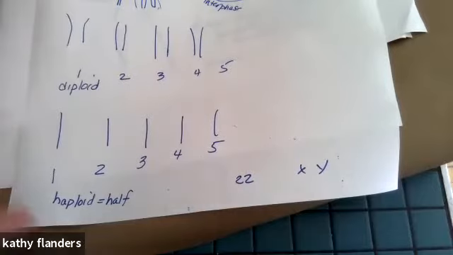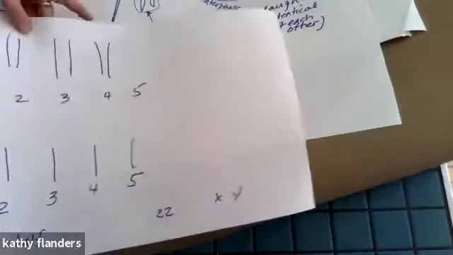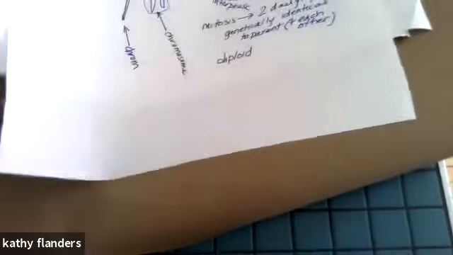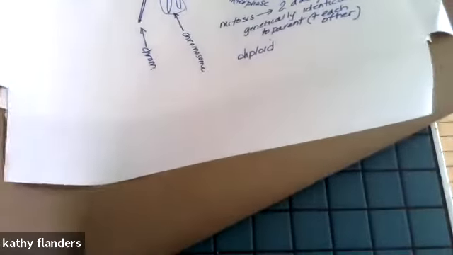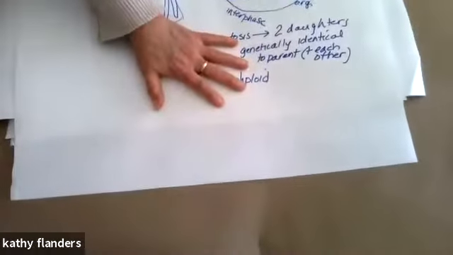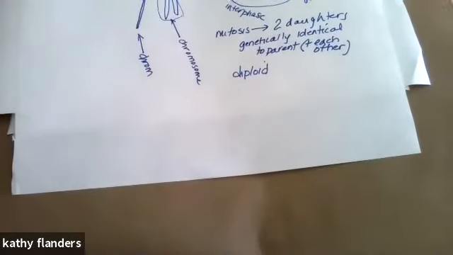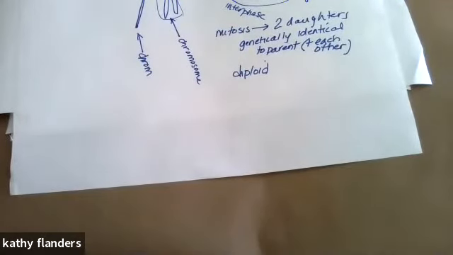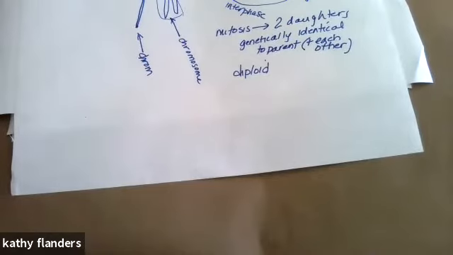Okay, so those are the other words we have to put in our memory banks for talking about mitosis. All right, so when we get done, we're going to go from a diploid cell to 2 daughter cells that are genetically identical, and they are going to be diploid cells.